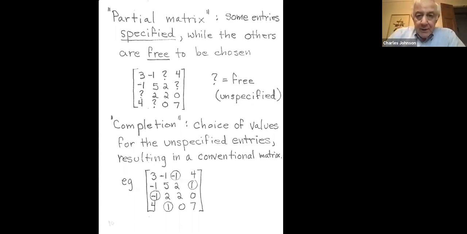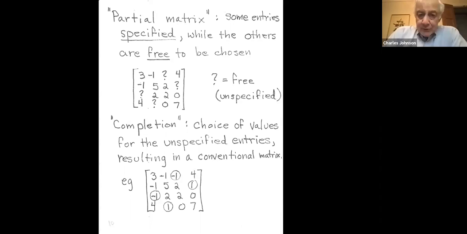Now, another key ingredient in matrix completion problems is the notion of a partial matrix. What is a partial matrix? Well, some of the entries are specified. We know those, they are fixed, we can't change them, while the other entries are free to be chosen. Here's a simple example, and I've indicated the unspecified entries with question marks, and then the specified entries are given.